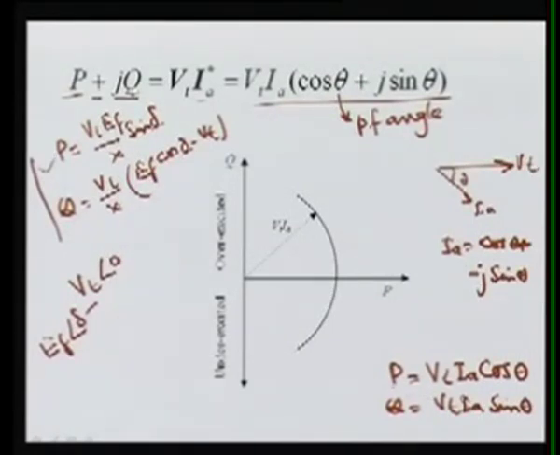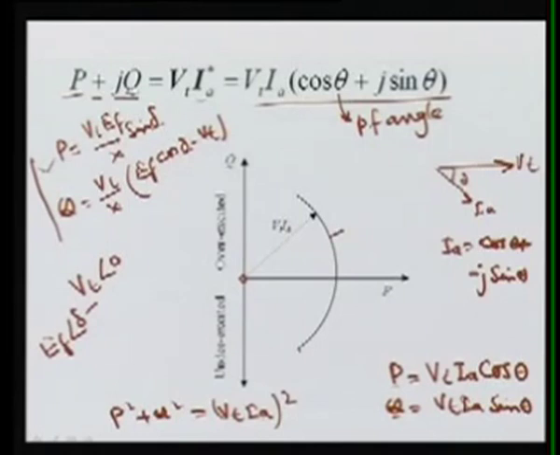Now, if you square and add these two equations, you will get P square plus Q square equals Vt Ia whole square. This is the equation of a circle. So, we can draw a characteristic where its origin will be at 0 and its radius will be nothing but Vt Ia.